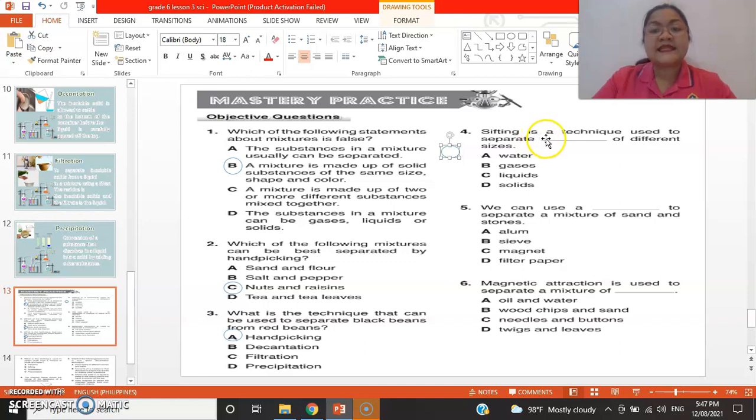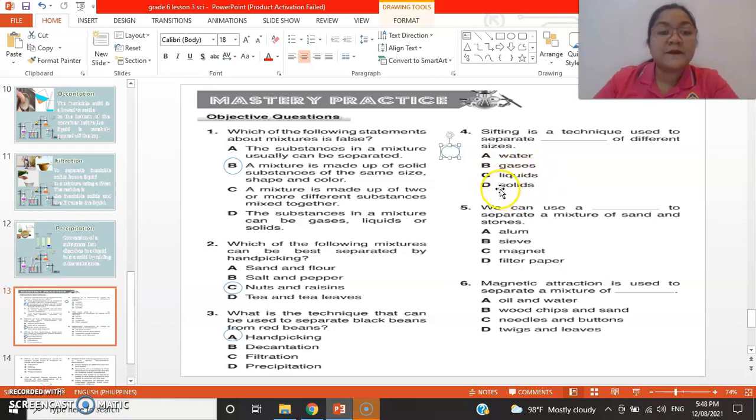Sifting is a technique used to separate blank of different sizes. What does sifting separate? Letter A, water. Letter B, gases. Letter C, liquids.